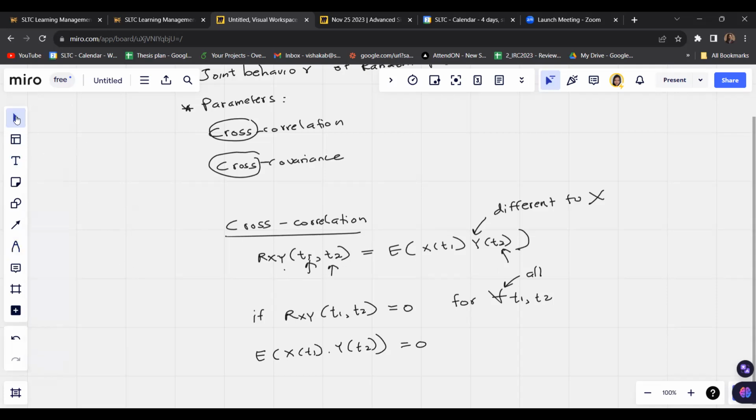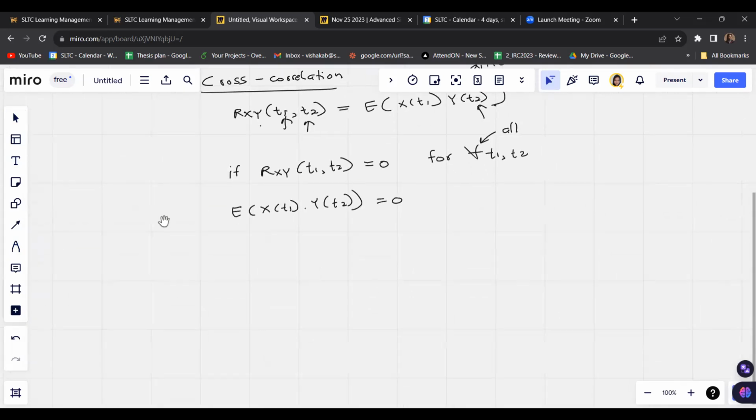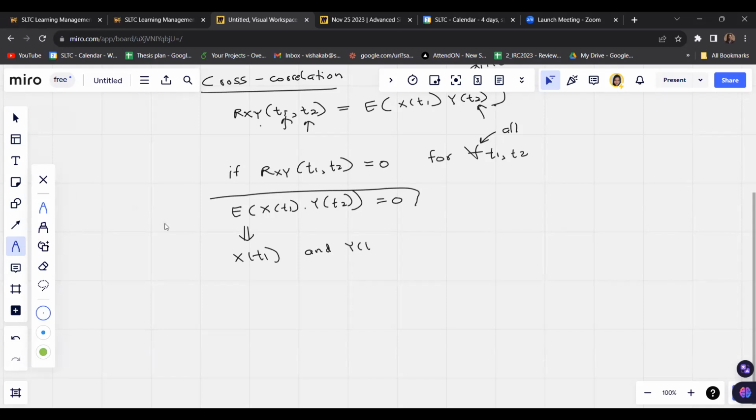In the earlier classes, we learned about the orthogonality of random variables, and orthogonality of random variables occurred when the expectation of the random variables' product is equal to 0. So if this is the case, then we can say X(t1) and Y(t2) are orthogonal.